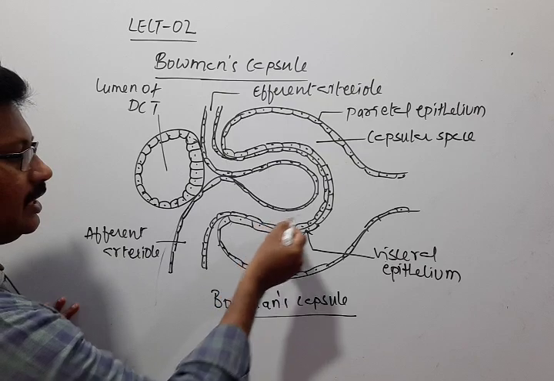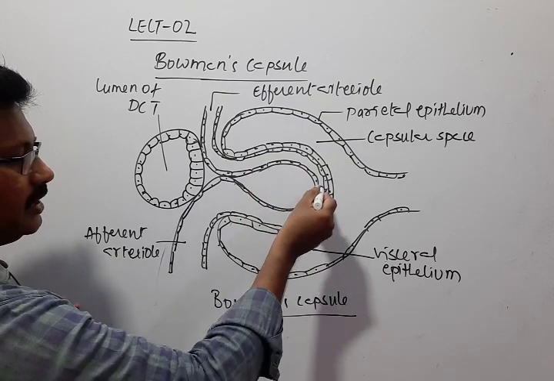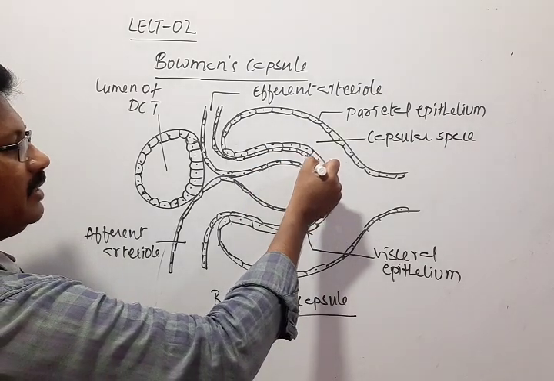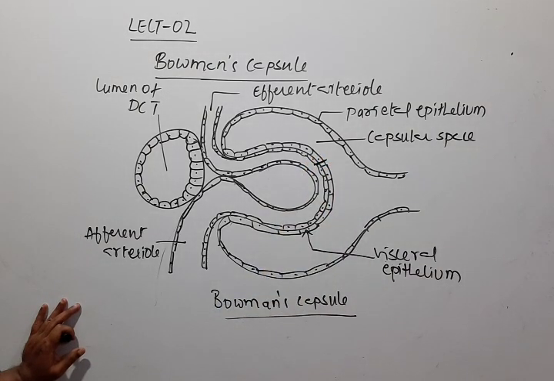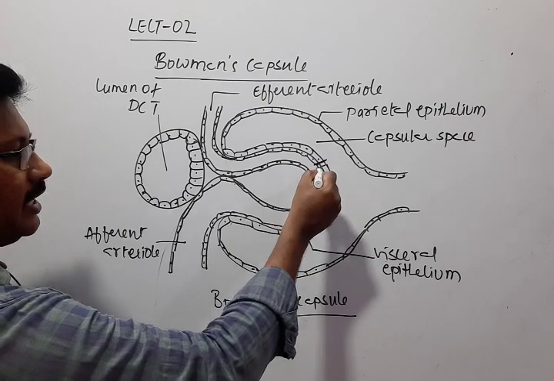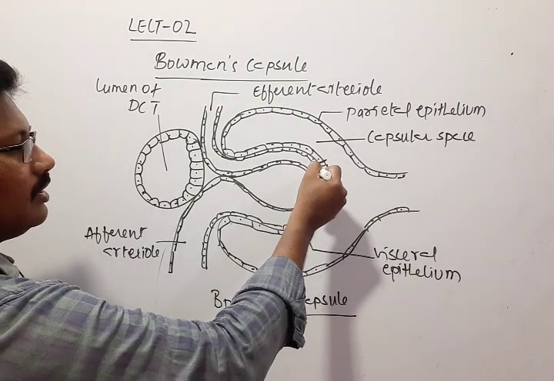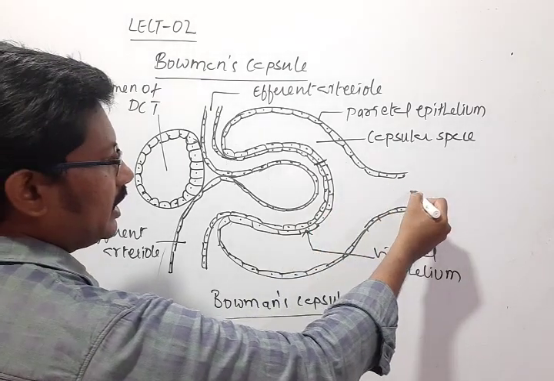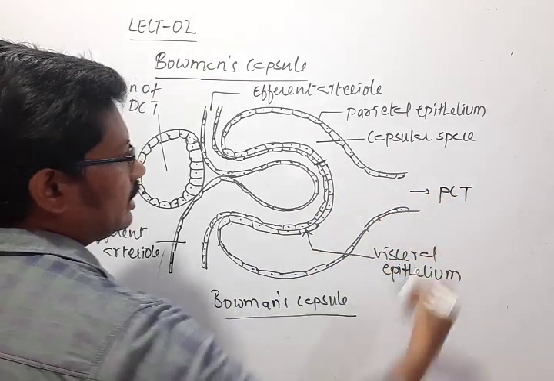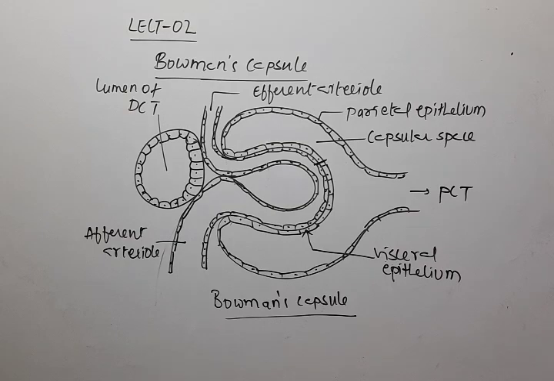So here is the location where the filtration takes place. And once the filtration is completed, the substances will enter into this capsular space, and then run into the PCT, that is the proximal convoluted tubule.